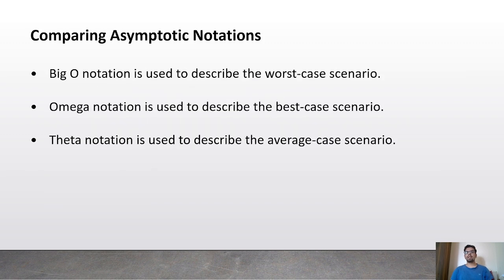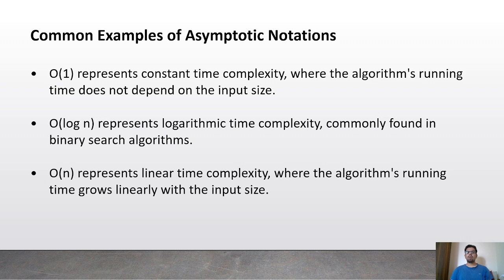Comparing asymptotic notations. Big O notation is used to describe the worst case scenario, omega notation is used to describe the best case scenario, and theta notation is used to describe the average case scenario. Common examples of asymptotic notations are big O of 1, which represents a constant time complexity where the algorithm's running time does not depend on the input size.